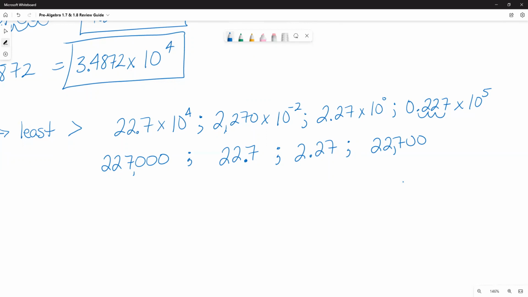All right, so now let's put them in order. Zachary, what's my greatest? What's my largest one here? 22.7 times 10 to the power of 4. Isaiah, what's my next largest? Okay, so give me that in... 227 thousandths times 10 to the fifth. All right, Julian. What's my next largest?